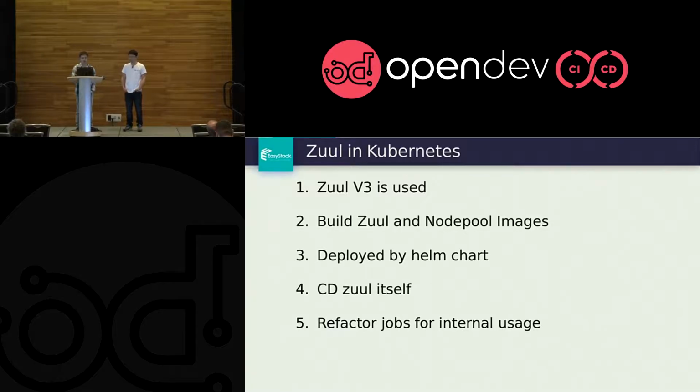In the past year, we built our CI/CD with Zuul version 2.5, and we also deployed some Jenkins servers to run jobs. Last December, we upgraded our Zuul to V3.